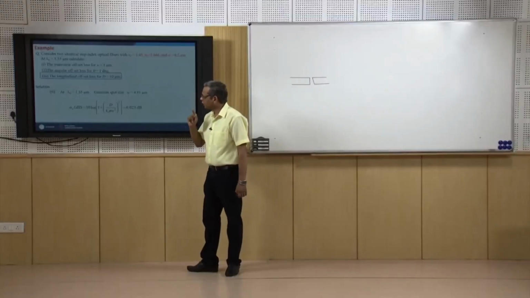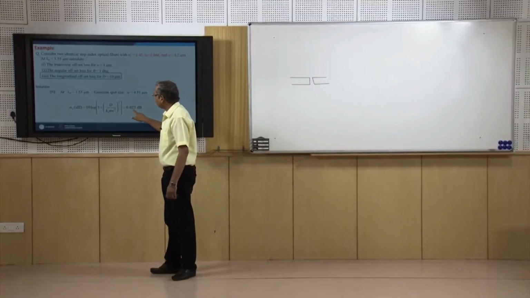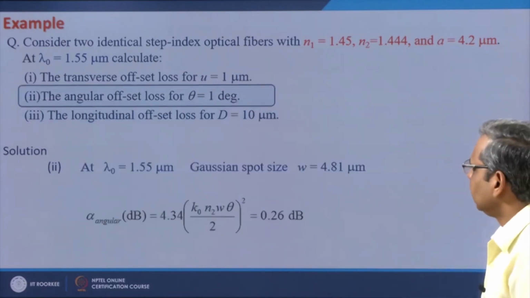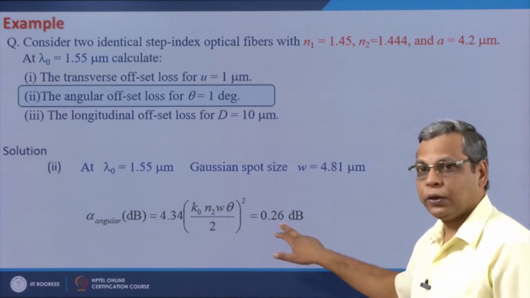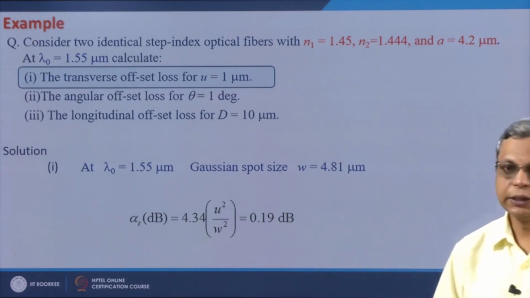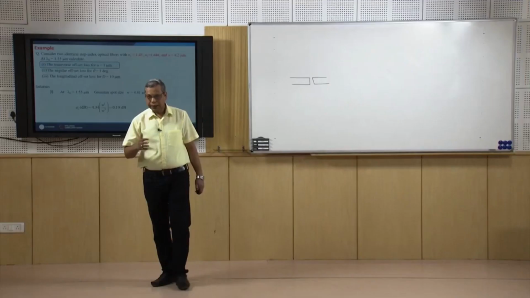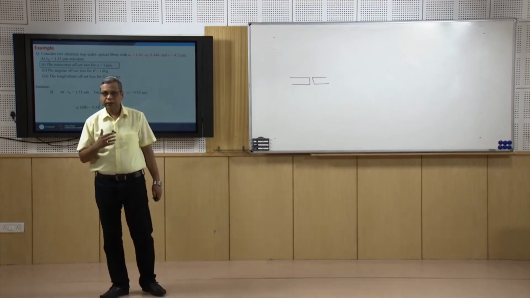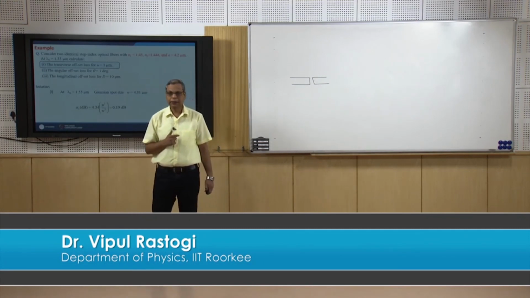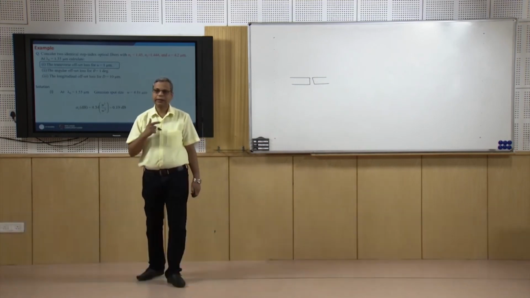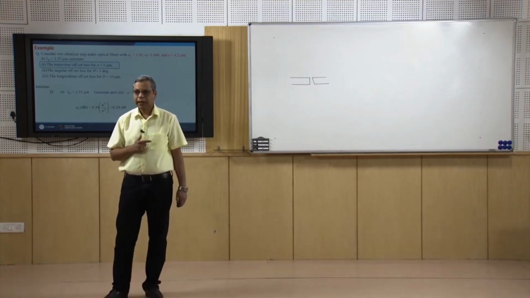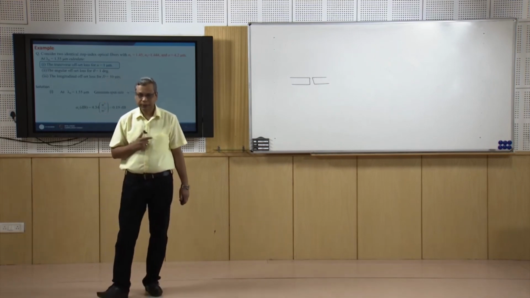So, look at these figures: longitudinal offset loss is 0.023 dB, the angular offset loss is 0.26 dB, while the transverse offset loss is 0.19 dB. So, I can see that when I join two fibers, I need to precisely align the two fibers in transverse and angular directions in order to have as low loss as possible.